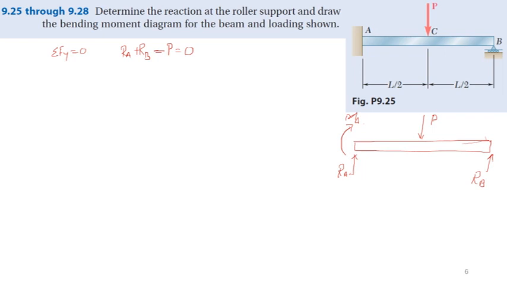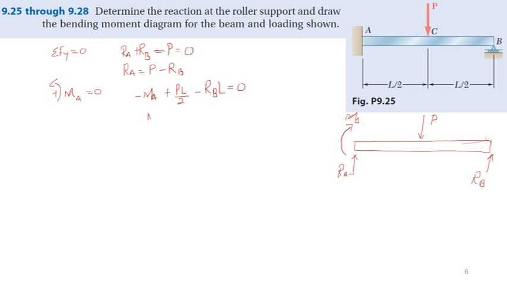Or we can write RA is equal to P minus RB. So that's it, we cannot calculate further. So if we take moment about A is equal to 0, that will lead us to MA minus MA plus PL by 2, force multiplied by distance, and minus RBL is equal to 0.